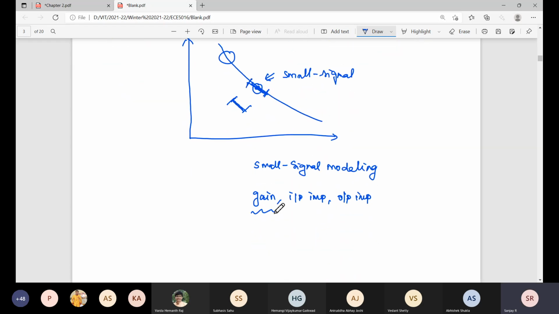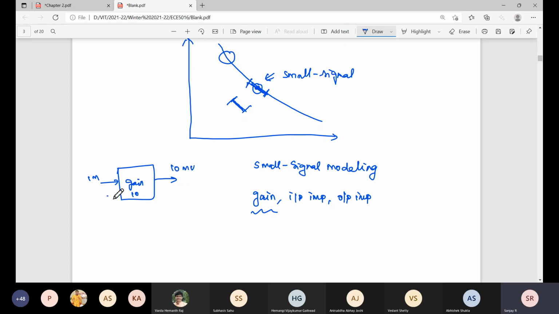A simple example is gain. Gain is a small signal parameter obtained from small signal modeling. It's simply a linear parameter. Let's take a gain of 10. When you apply an input signal of 1 millivolt, what will be the output? 10 millivolt.